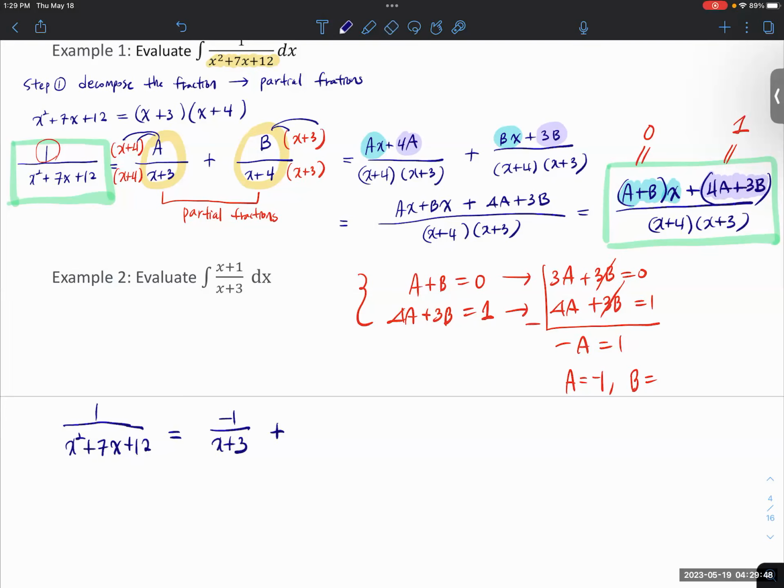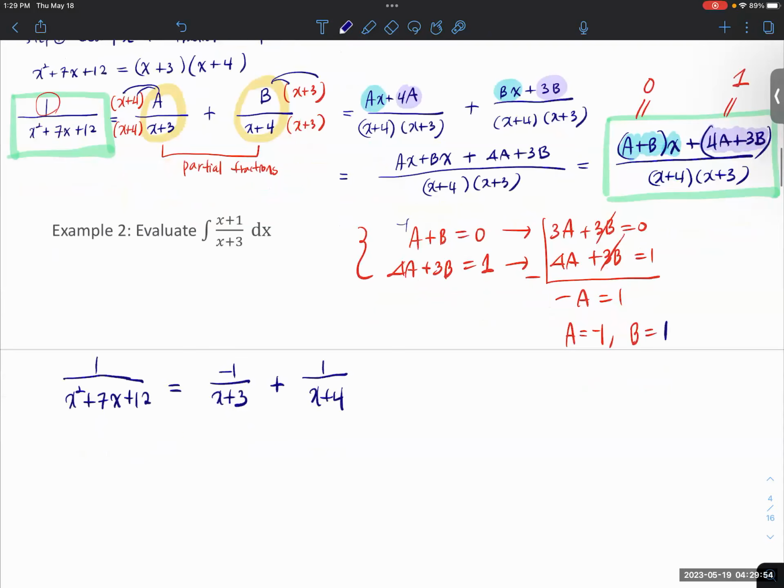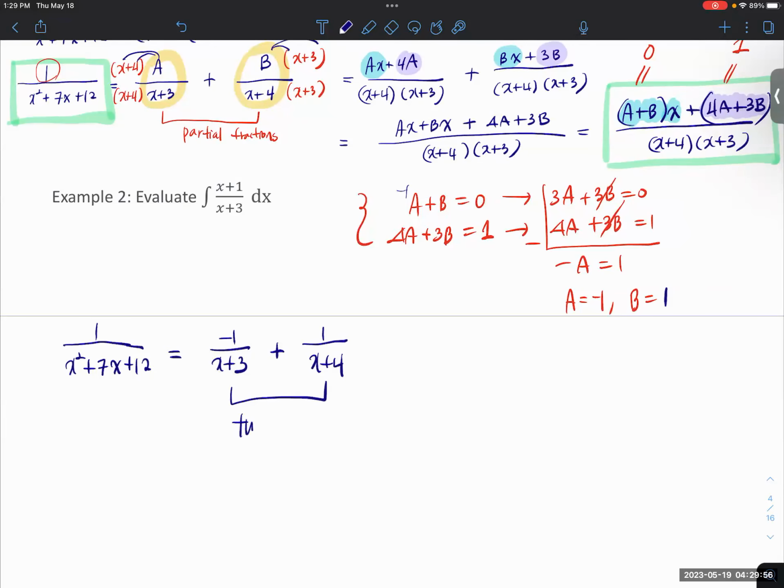If a is negative 1, b should be positive 1. So b is 1 over x plus 4. So we found the two partial fractions. These are the partial fractions of 1 over x squared plus 7x plus 12.